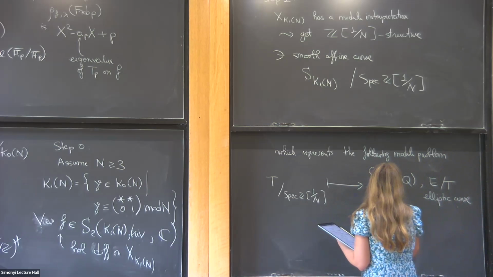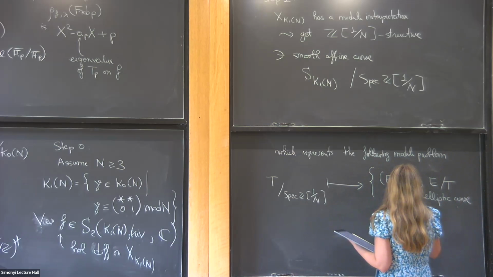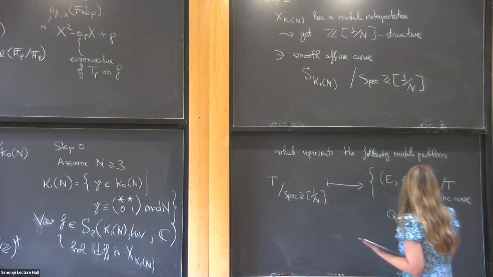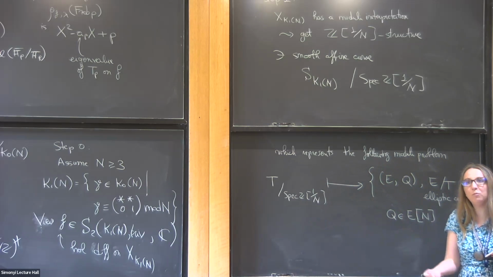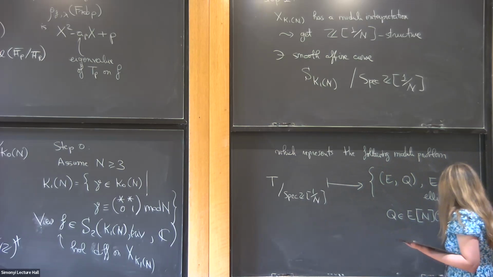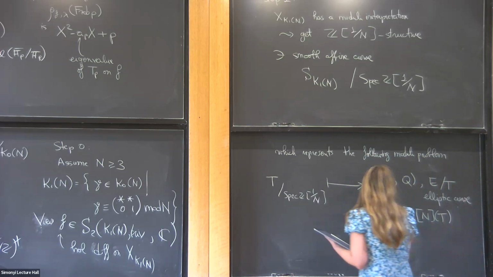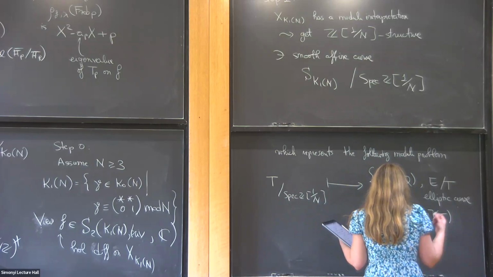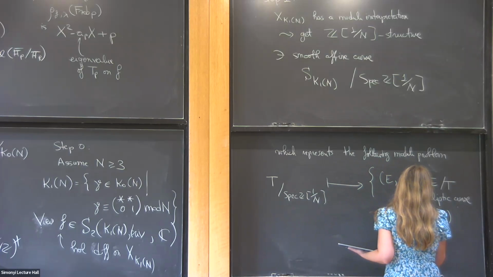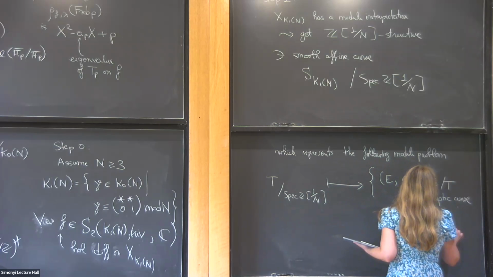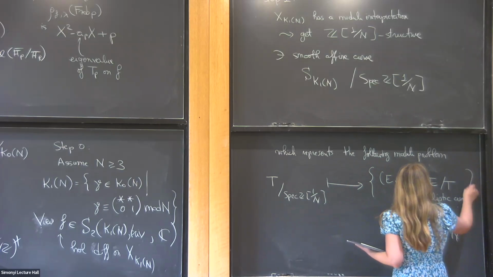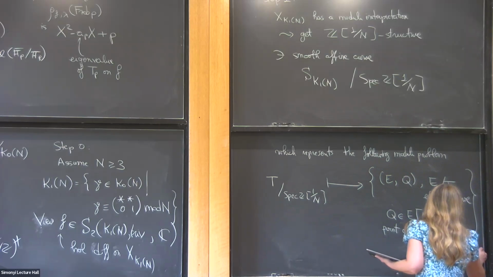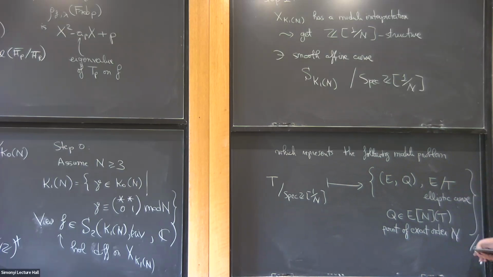It ends up being a point on the elliptic curve that's killed by N, so an N-torsion point on the elliptic curve, a point of exact order N. And all of this is up to some equivalence, up to pairs that are isomorphic.